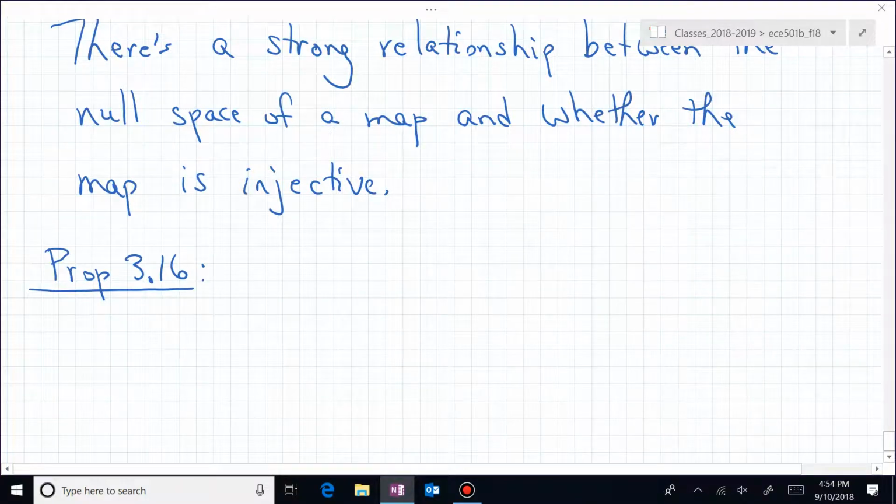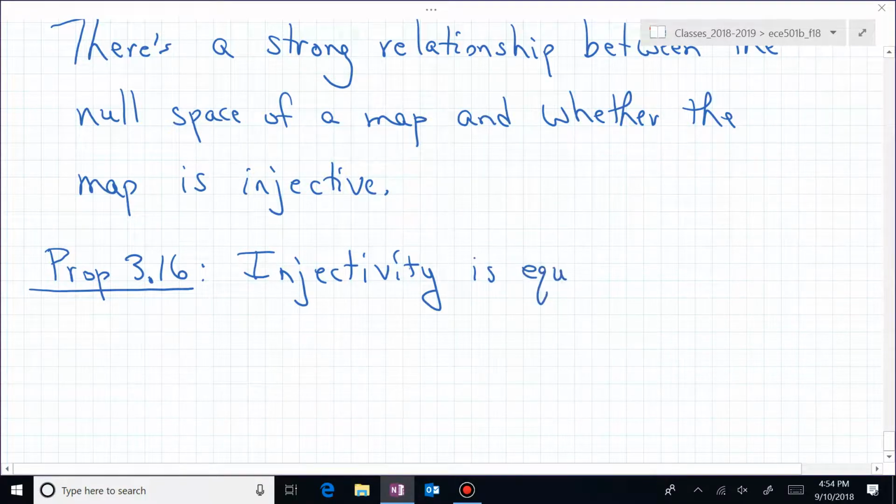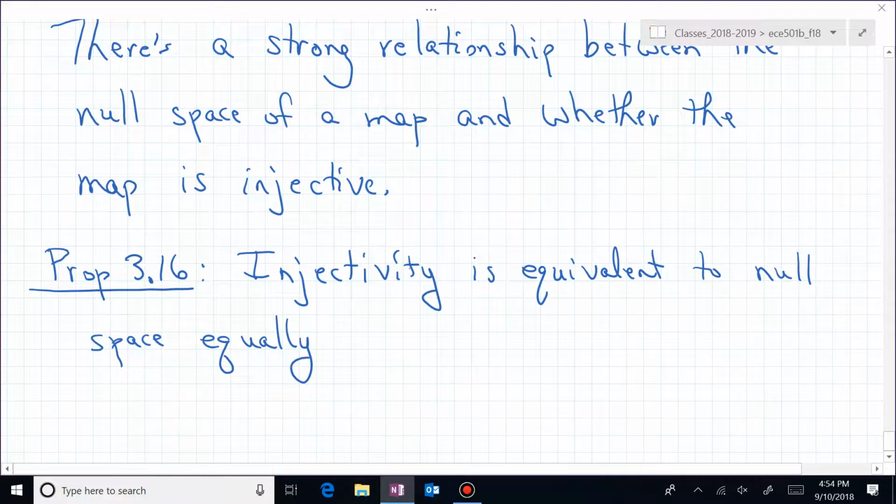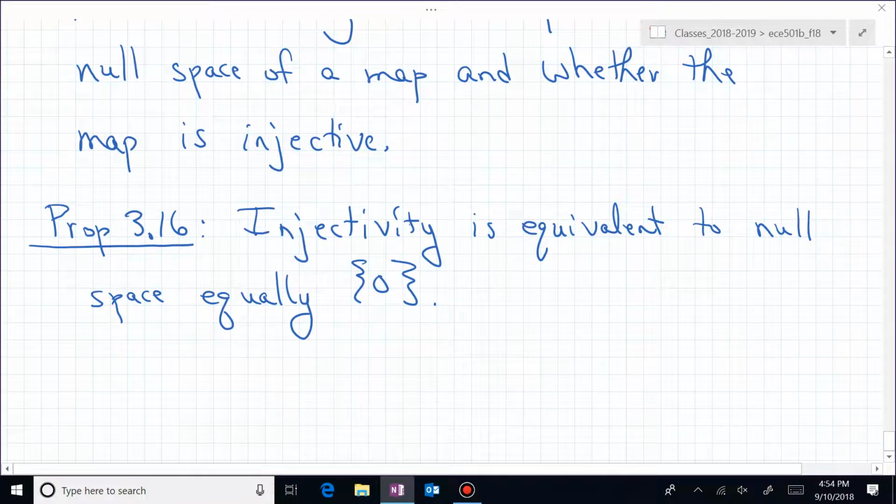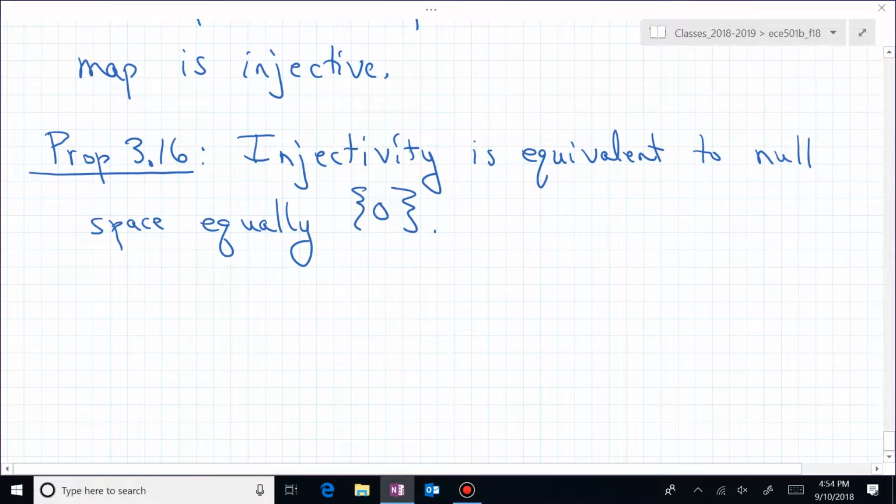Proposition 16 in chapter 13. Injectivity, here's the label on proposition 316. Injectivity is equivalent to the null space actually equaling the zero vector, or being trivial. So injectivity is equivalent to having a trivial null space. If you have a linear map that's injective, then its null space is trivial. So that's the label on proposition 316.